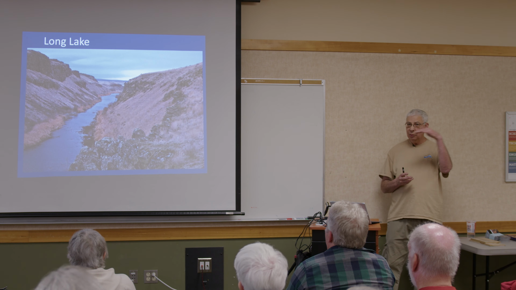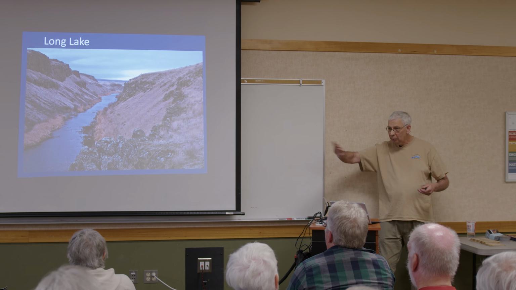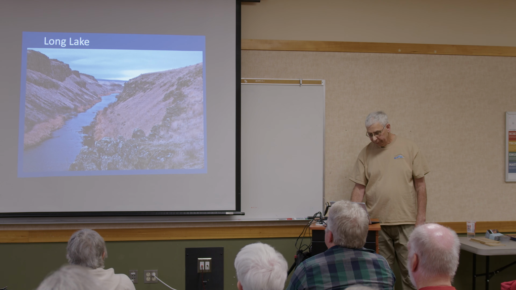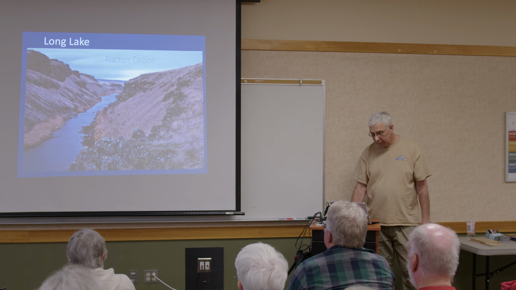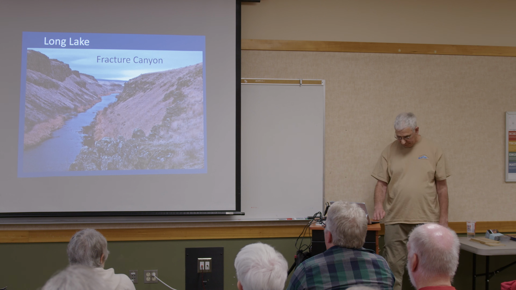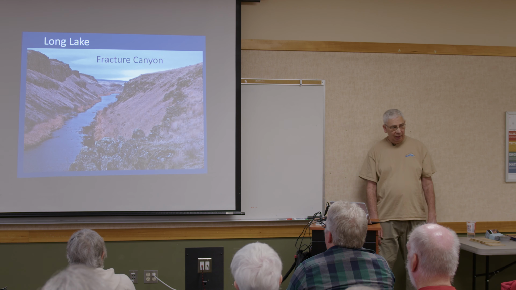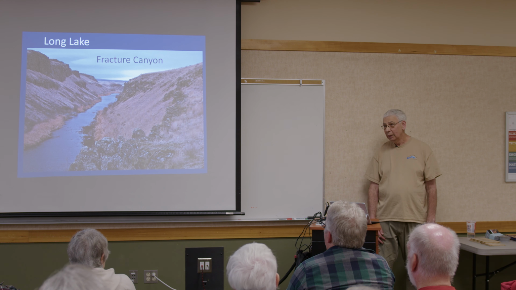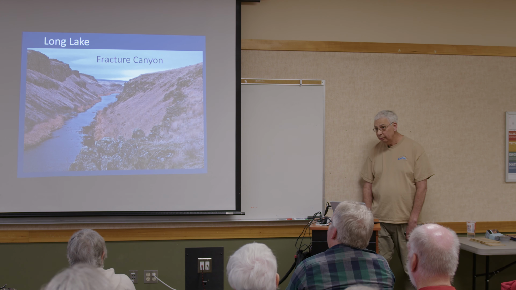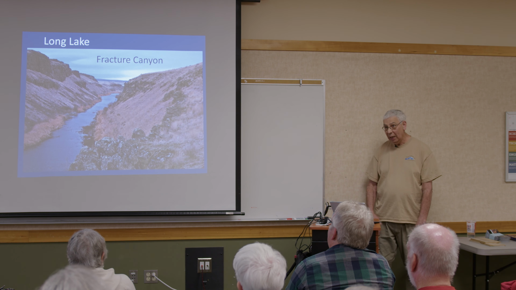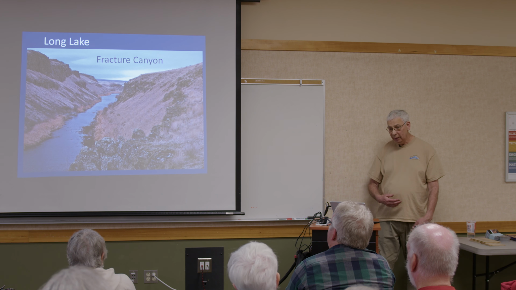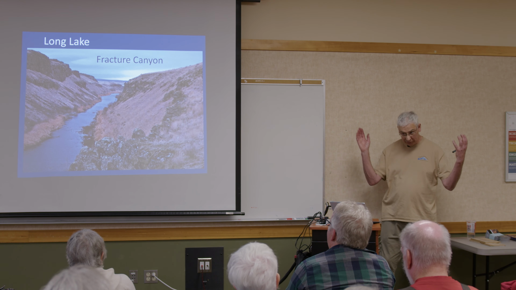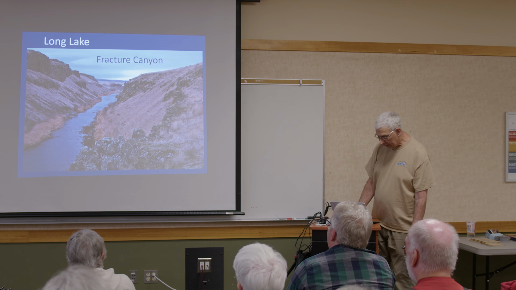You would think with all that water going over, there'd be more erosion down on the downslope side, but it stays symmetrical for the most part. So I call these things fracture canyons. It's not in any books I've read, but to me, it's the best description for them. Because it's not a coulee. It's not a canyon, as we think of a canyon with a river flowing down it, being formed by running water going down it. This is being formed just because the rock is fractured in the way it goes.